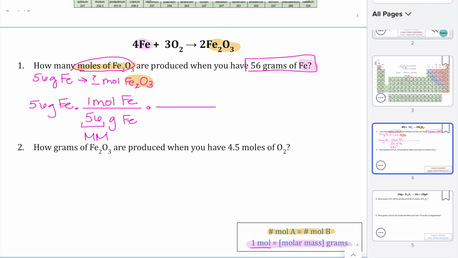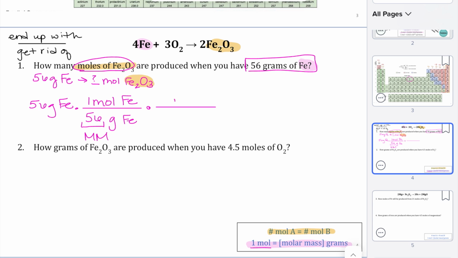I have my moles of iron in the top. I want to get rid of those. Remember, often when we're setting up these conversion factors, what we want to get rid of in that step goes on the bottom. What we want to end up with is going to go in the top. And so we're wanting to end at that Fe2O3.